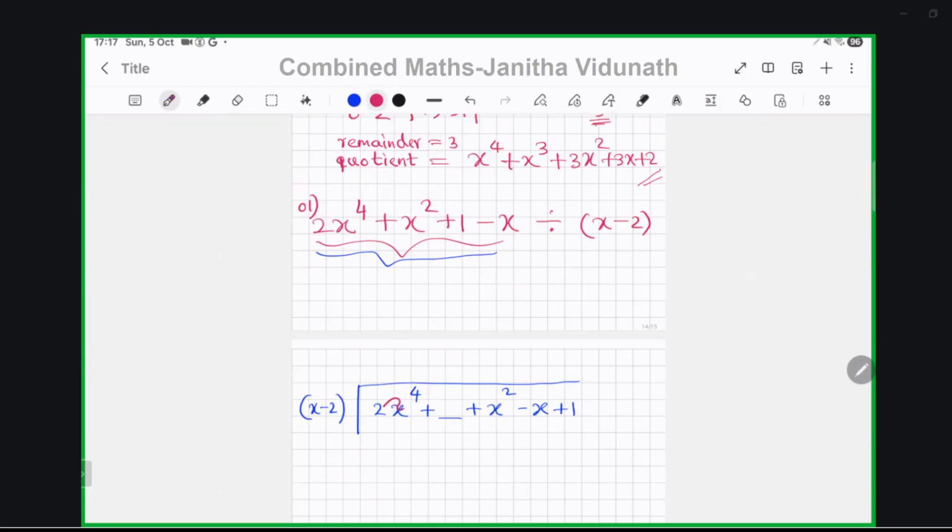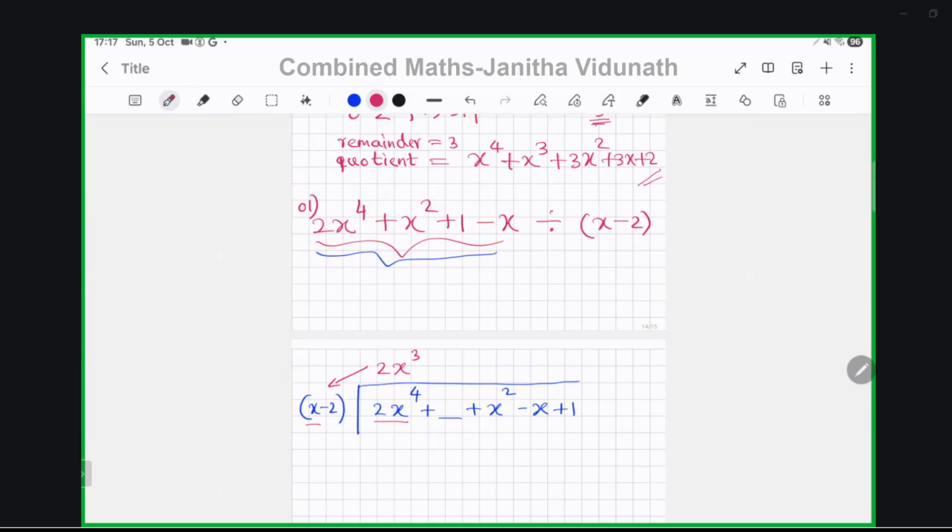Then we need to divide the leading term of the dividend with the leading term of the divisor. That means 2x cube will be the first term of our quotient. Then we need to multiply back with the entire divisor.